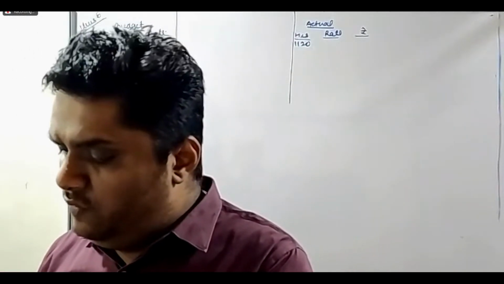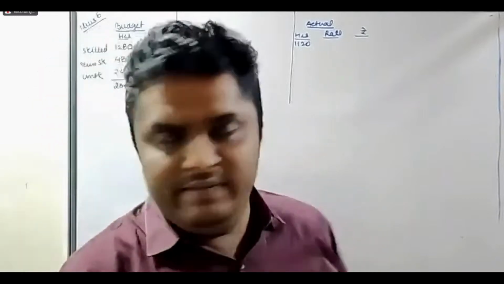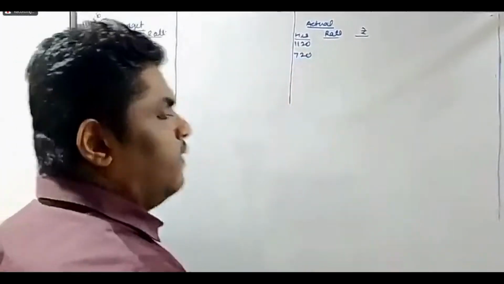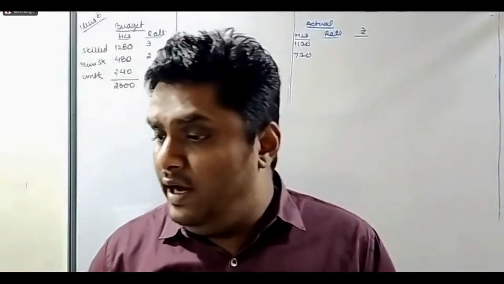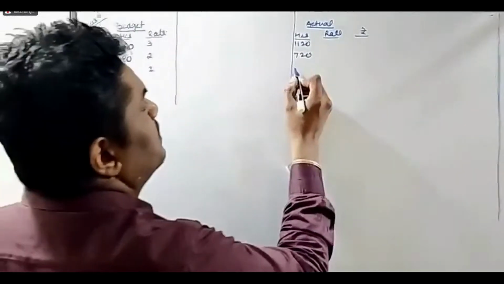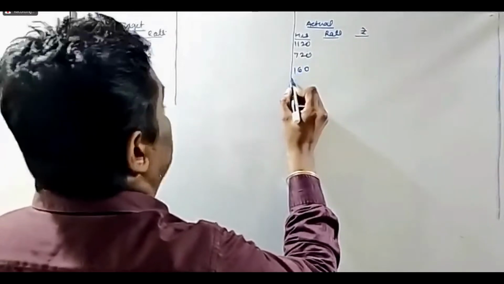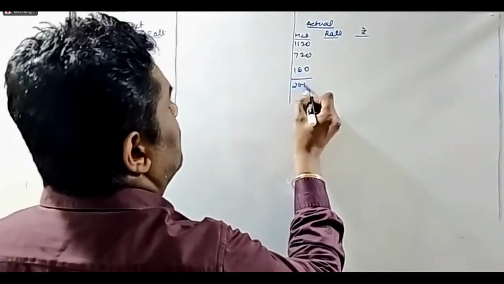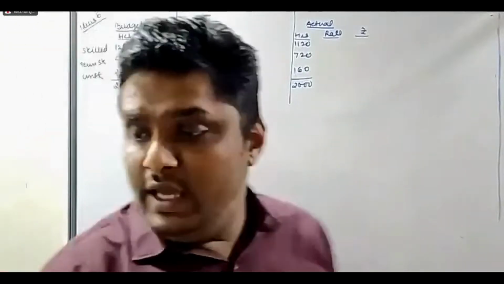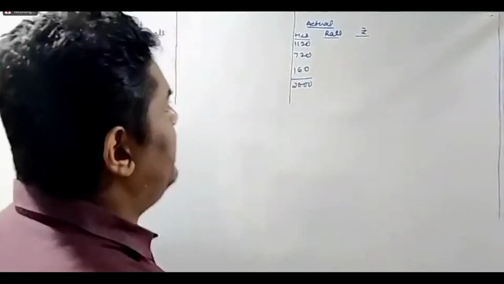So 18 into 40, that is 720 hours. And 4 workers unskilled. So 160 hours. Further, when talking about the rate, it is 4, 3, and 2.